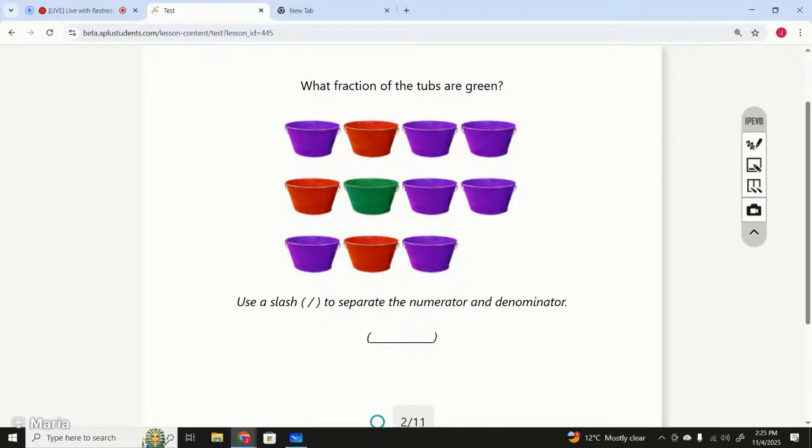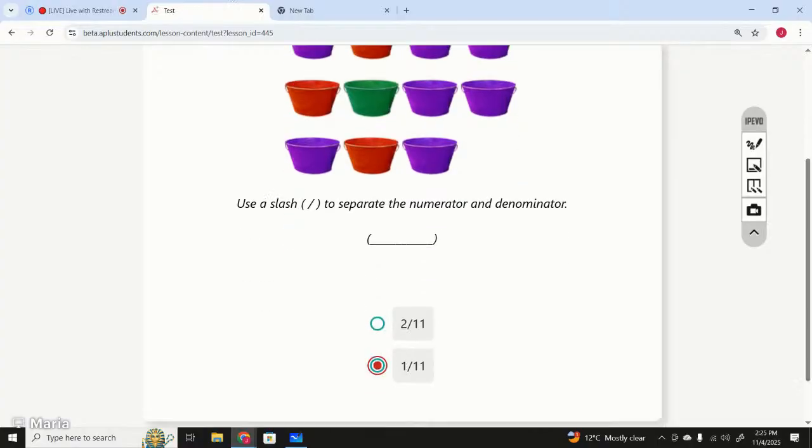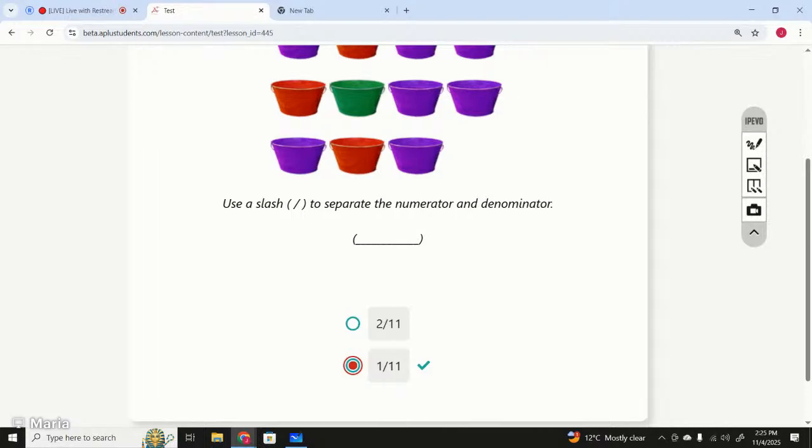What fraction of the tabs are green? That is 1 out of 11. Option number 2 is the correct option.